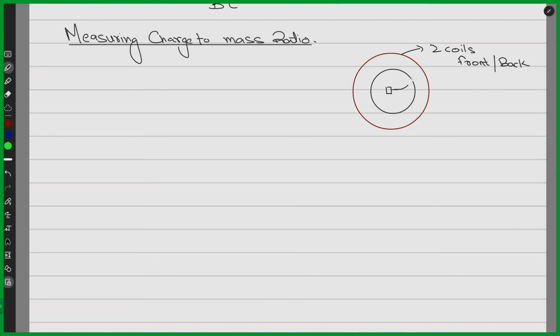Now, what would that do? Because charges are moving, and what is current? Motion of charges. That would create a magnetic field in this region. Because of that magnetic field, as we have discussed, the path of this beam of electrons will be deflected.